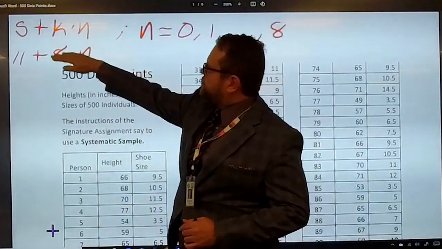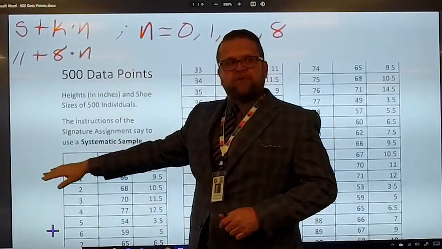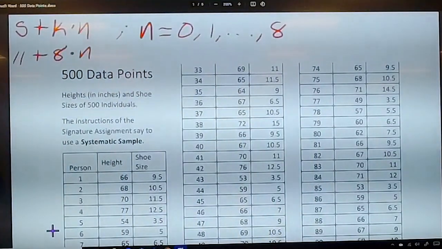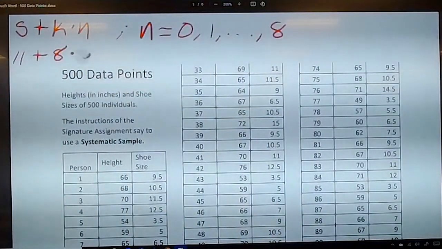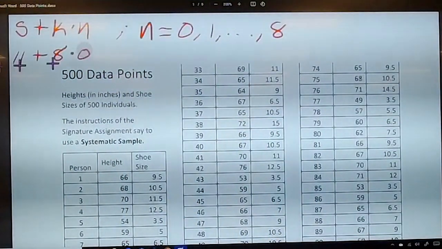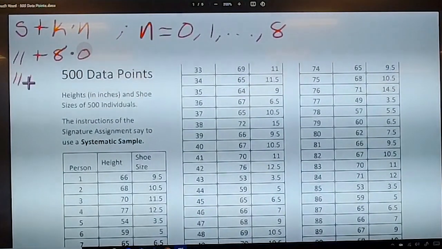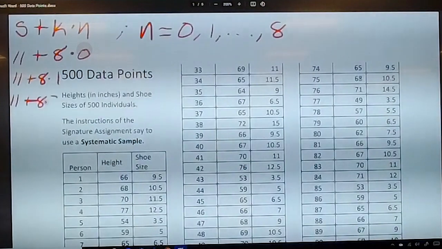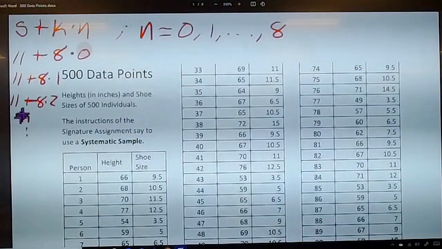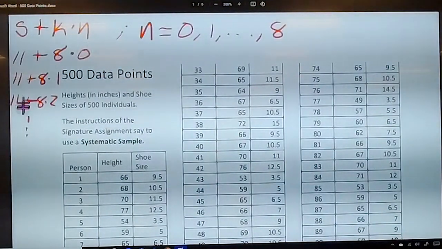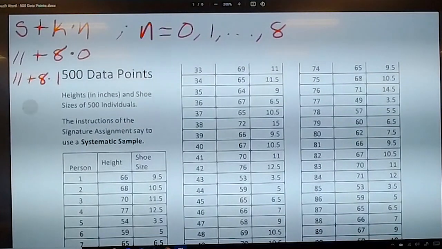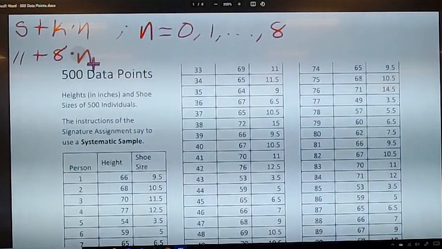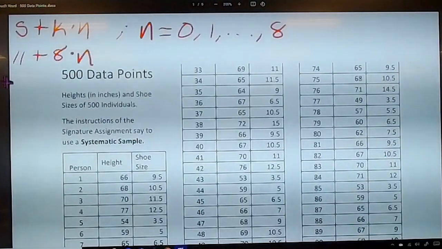So what I'm going to do is go through and list out the numbers before I even start, because my first one is 11 plus 8 times 0, and the next one is 11 plus 8 times 1, and 11 plus 8 times 2, and so on. You just keep adding 8 over and over. And so I can generate the list of all of the elements of my sample.